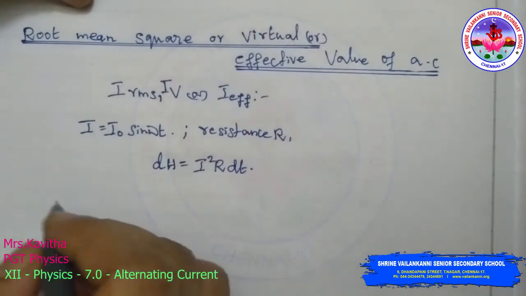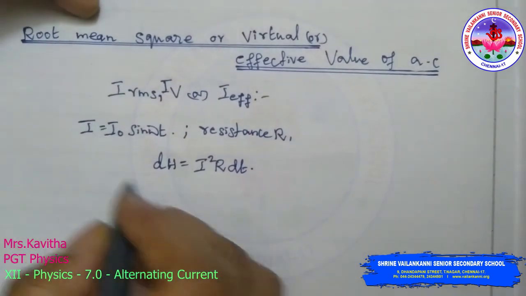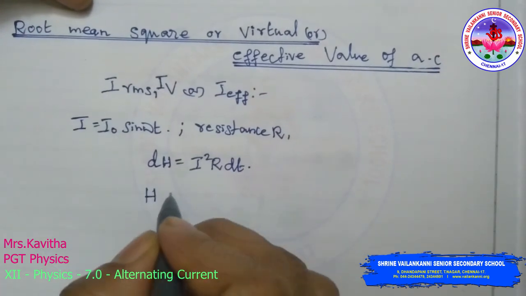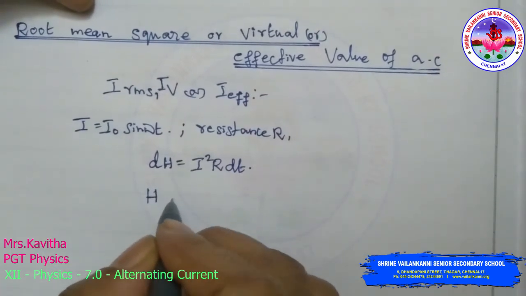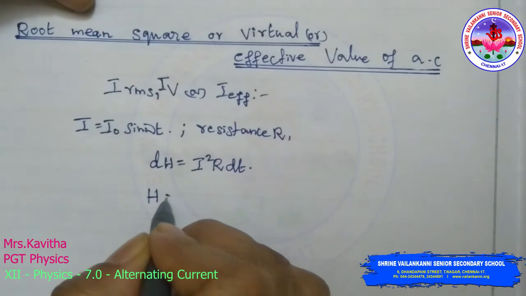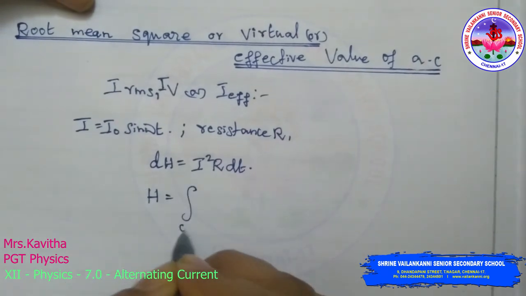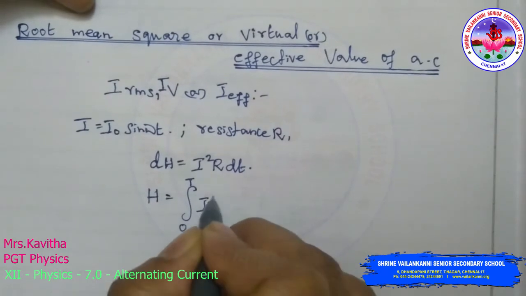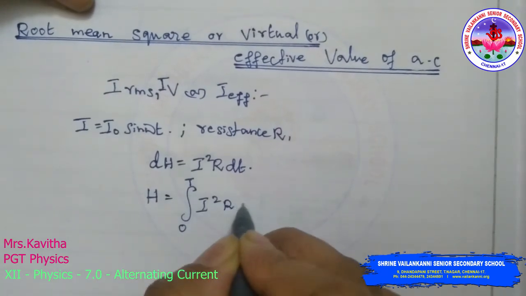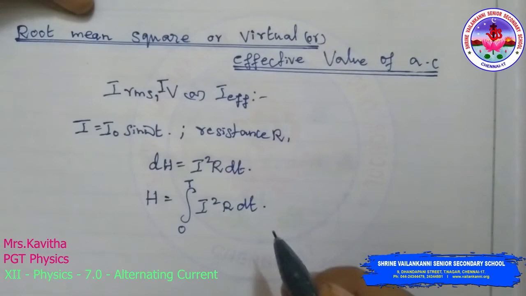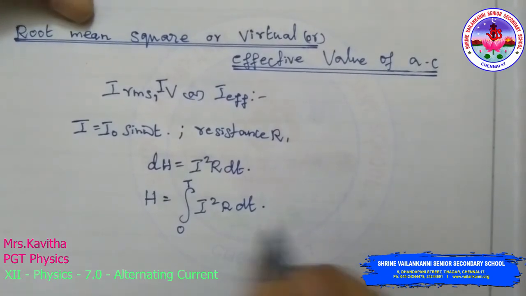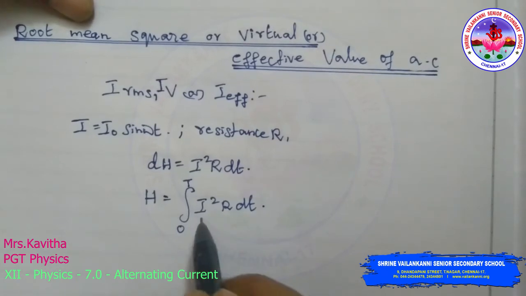If capital T is the time period of AC, then the heat produced for one complete cycle, H, is the integration from 0 to T of I square R dt.